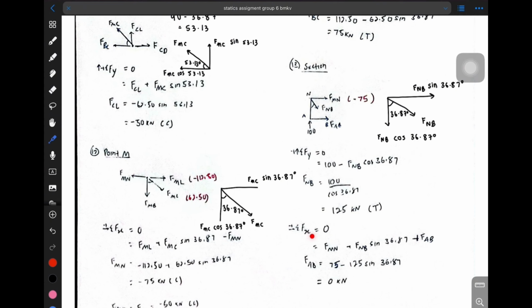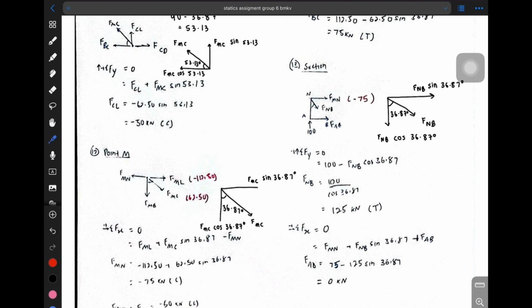For the Fx equal to 0, we assume to the right is positive. So we can find at this rigid body, we have FMN is equal to negative 75. We have FMB sin 36.87. It is positive because it is to the right, and we have FAB and it is positive because it is to the right.